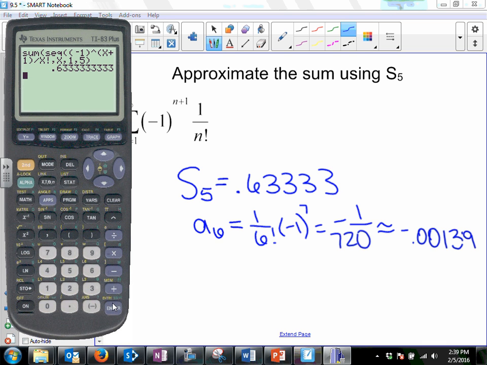So our sum differs from 0.633333 by this much.